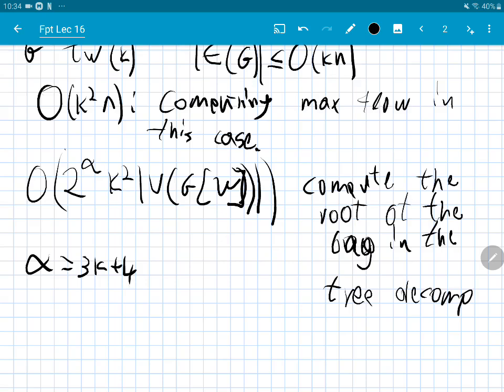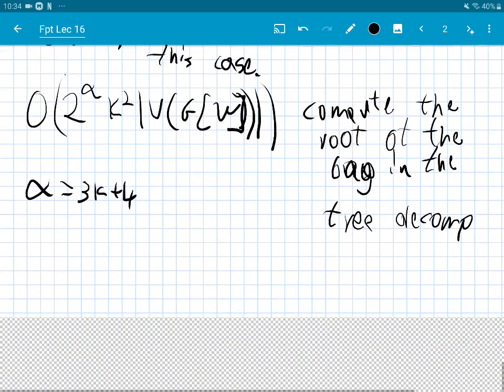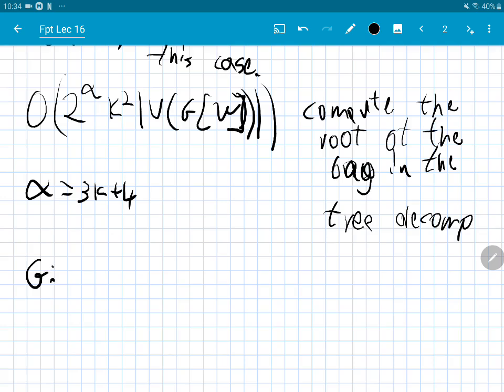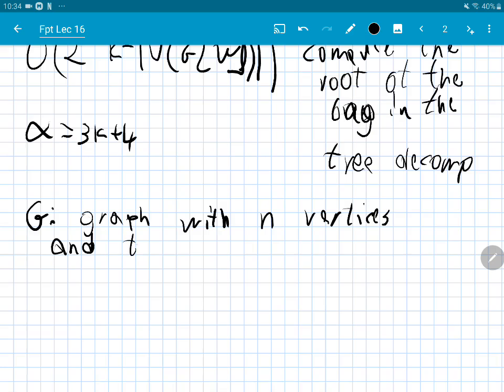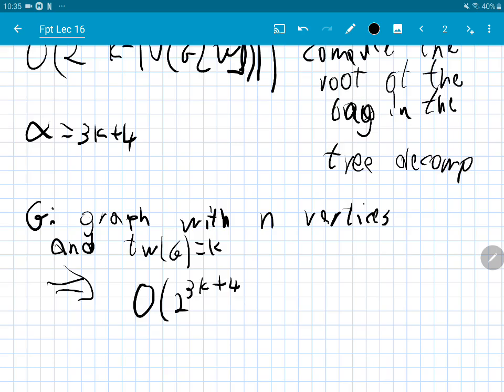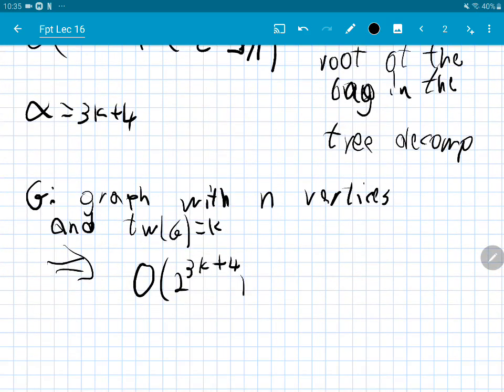And if you think about it, since we don't care about the polynomial running times, for a graph G with n vertices and treewidth K, we're going to pay 2 to the 3k plus 4 times K squared, I think, which is the time it takes us to compute the root.